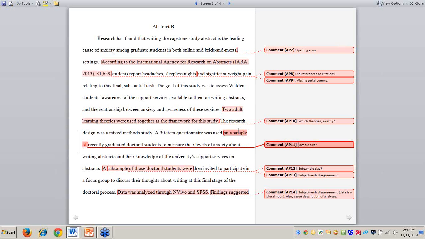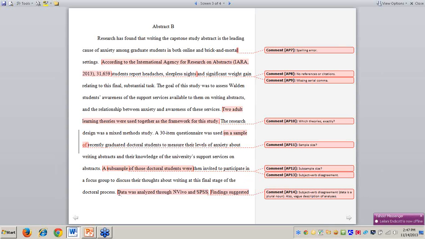I would like to know sample size there. Then a subsample of those doctoral students were invited to participate in a focus group. I also want to know the subsample size. And then there are other grammar errors here. A subsample were. Subsample is singular. Were is a plural verb, so there's a subject-verb disagreement there.